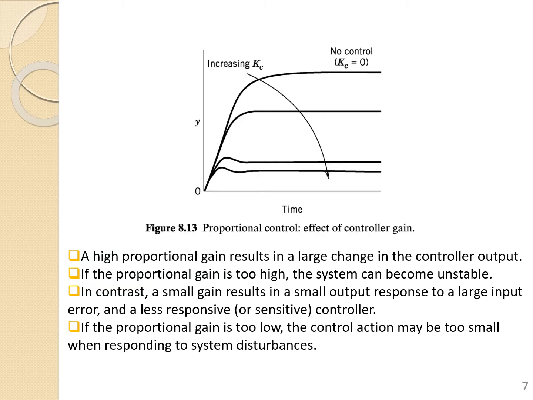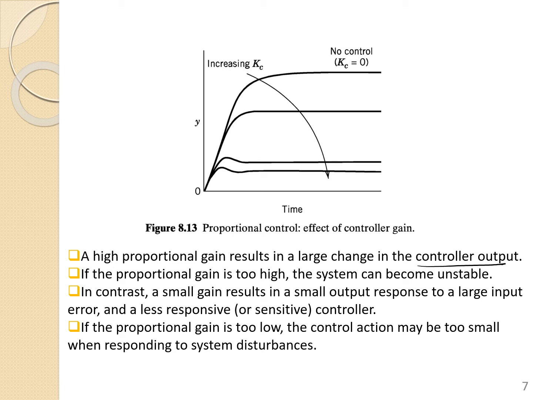Okay, so basically we can see here, if we try to adjust the controller gain, a high proportional gain, so if the controller gain for the proportional controller is high, there is a large change in the controller output, so that controller will ask the final element to take action on a large scale.